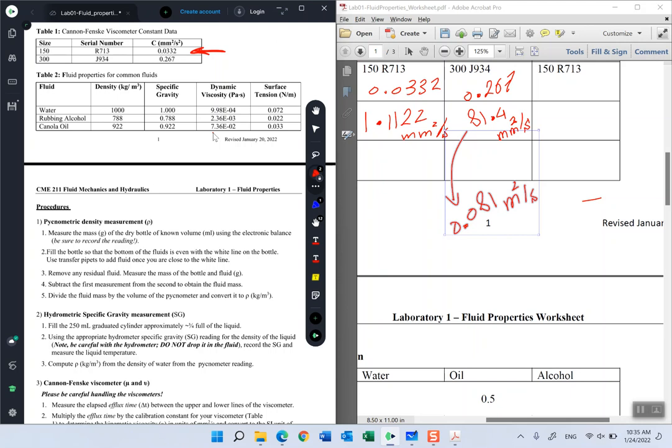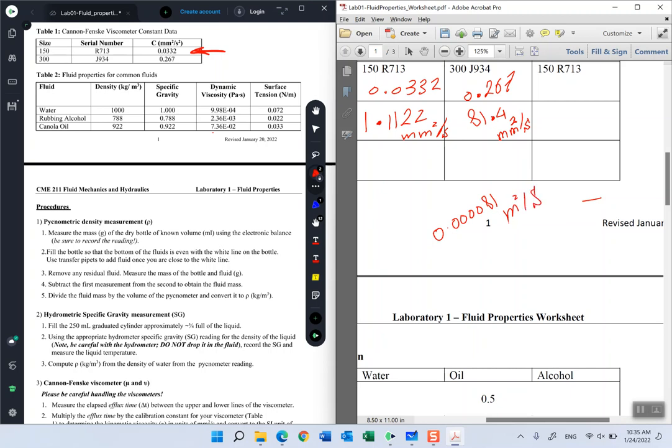Great. So it's not 0.08. It's 4.000081 meter squared per second.